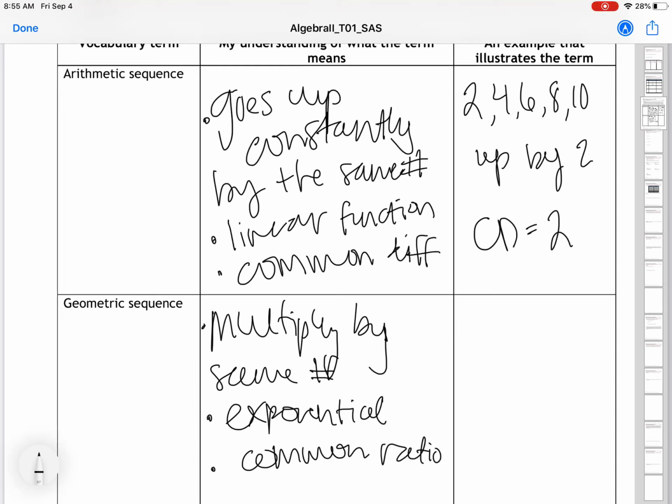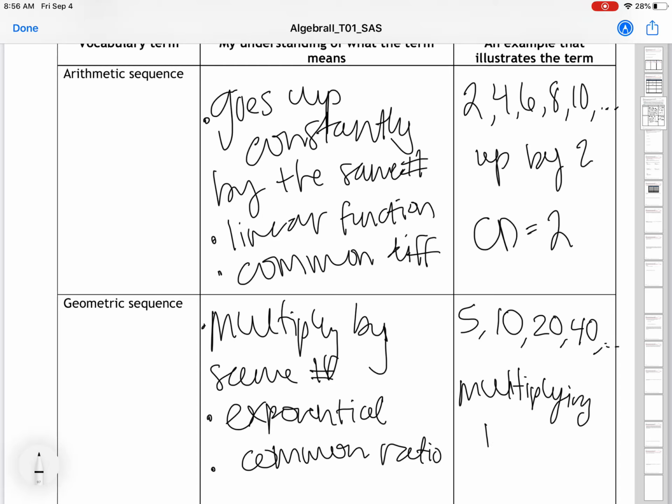And remember, a fancy word for fraction is ratio. 5, 10, 20, 40, and so on. Each time I'm multiplying by 2, so my common ratio here is 2.